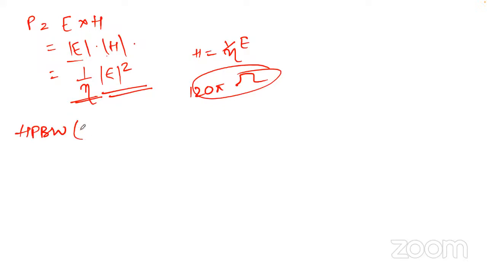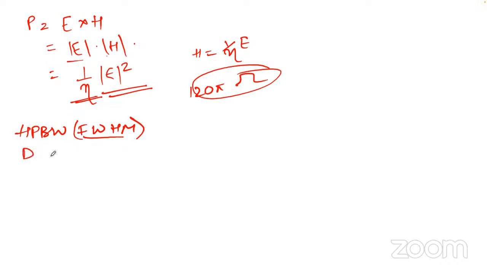This is also called full width half maximum, FWHM. In most radio astronomy textbooks, you will find FWHM, full width half maximum, which means half power beamwidth only. This is there to characterize the antenna.